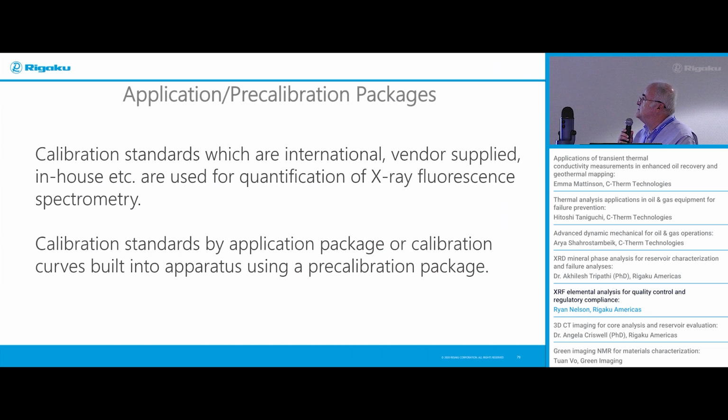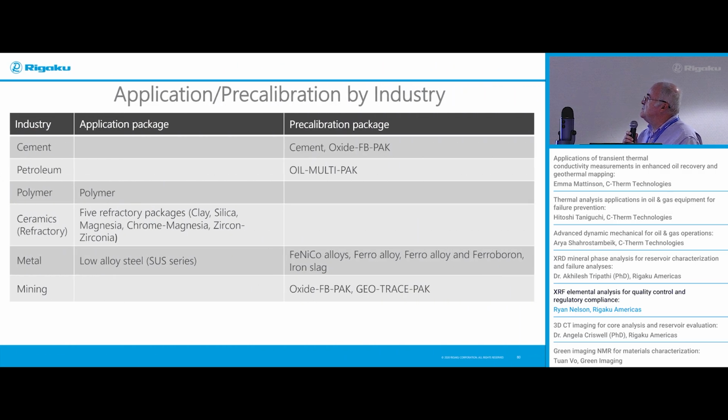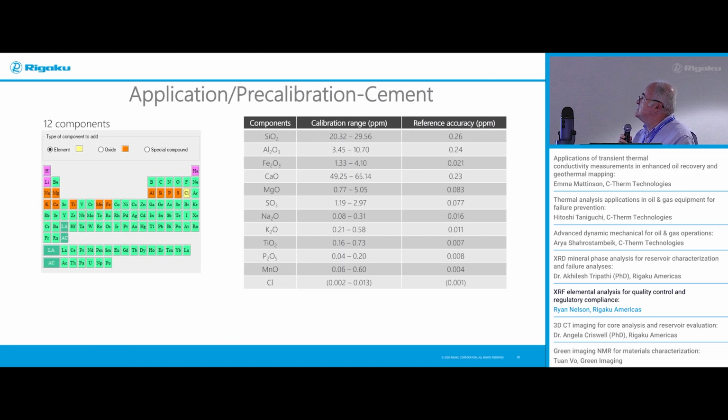Drilling mud, right? More calibration packages. So this is typically what you can get in a machine. They'll be auto set up. You'll get a kit and you can perform these analyses without a lot of input. It's already set up for you. And cement, again, reference accuracy.